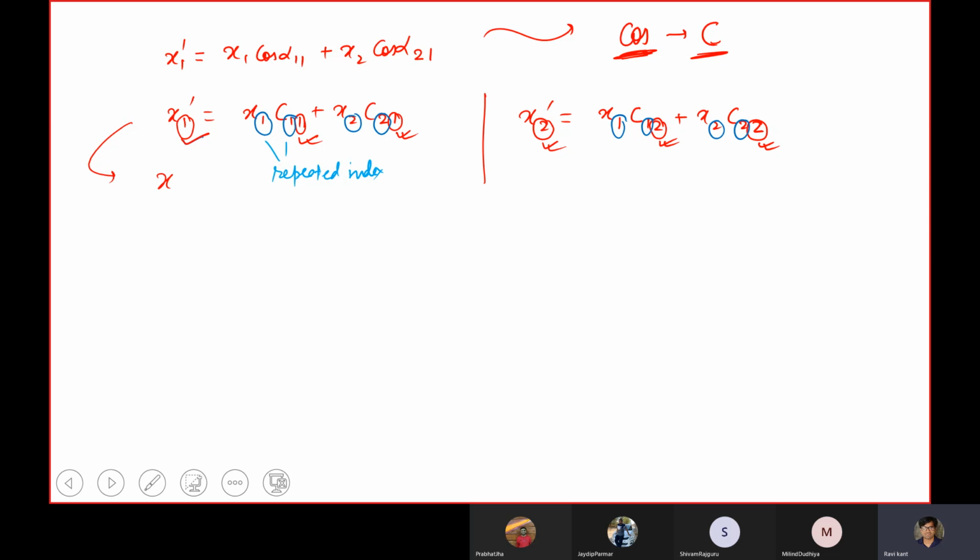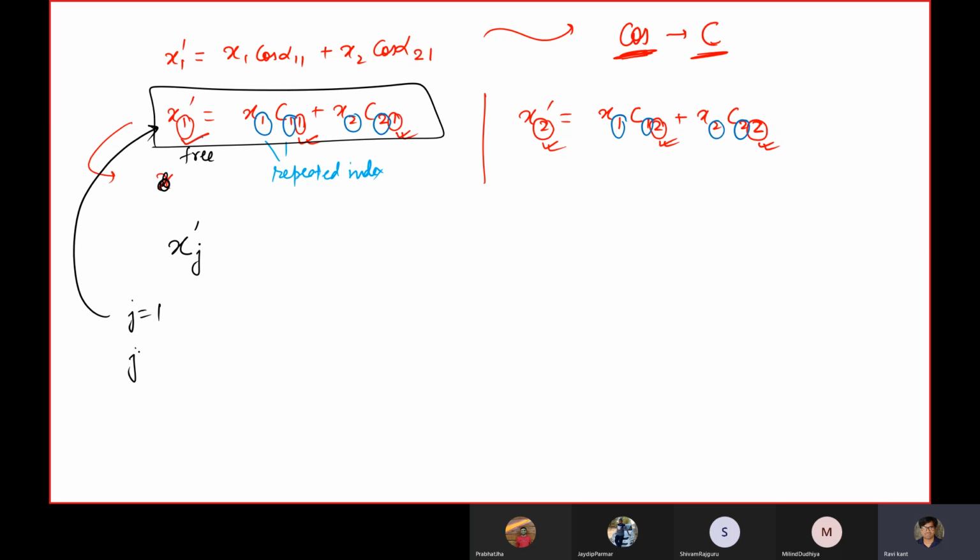Okay, and now it is conveniently written as follows. I will write my free index as any index. Let me call it j, xj. Okay, xj means if j is equal to 1, then follow this particular equation. When I am writing j is equal to 2, follow this equation.